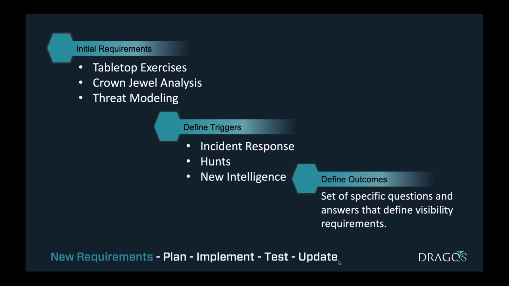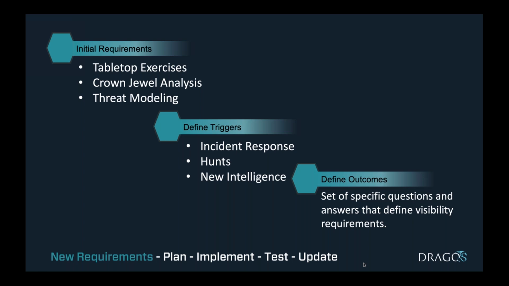But also new intelligence. So as vulnerabilities come out or new attacks or campaigns are being observed, all of those should be triggered events to allow for more introspection by the security operations team on how they map their security visibility to the industrial process and how they would actually defend that on a recurring basis. So all of this is coming up with a list of specific questions or requirements, visibility requirements that are going to drive where we're going.